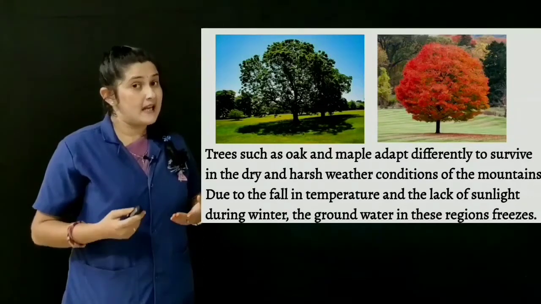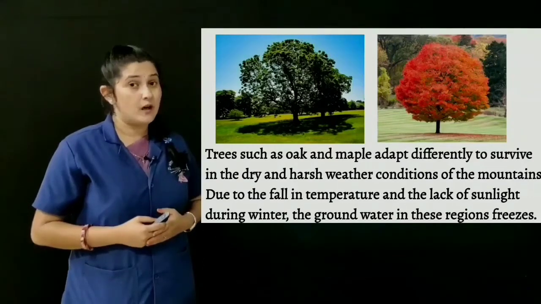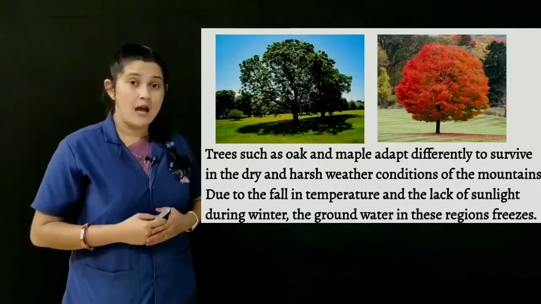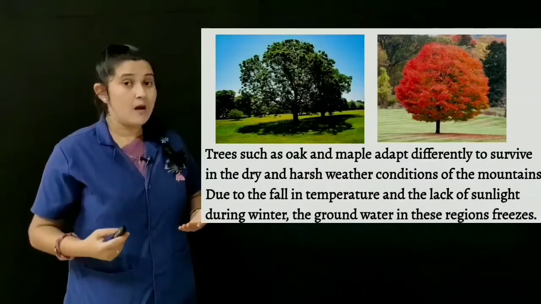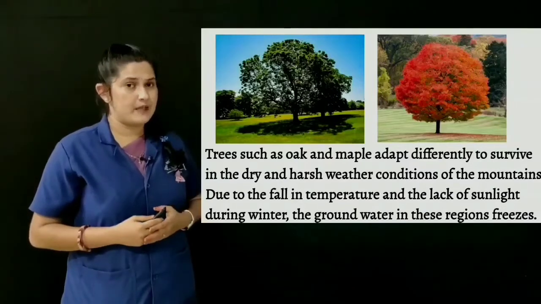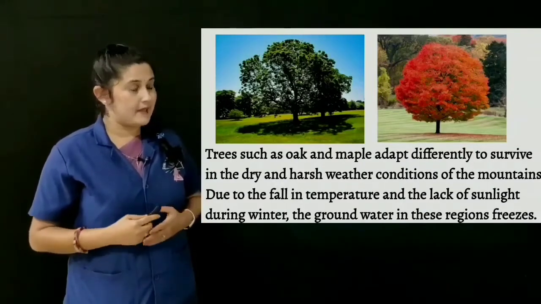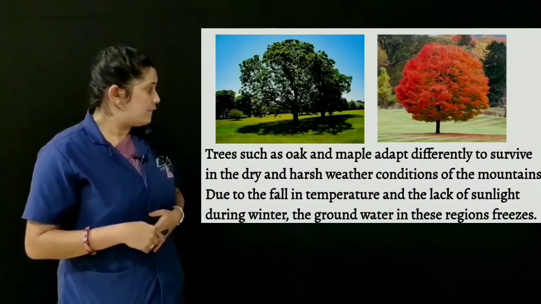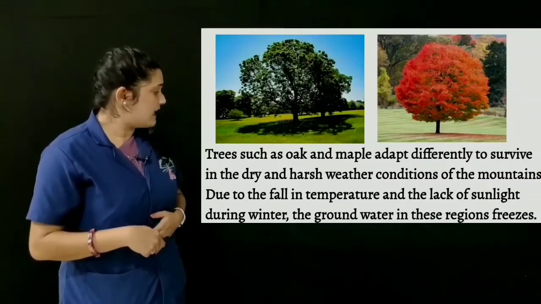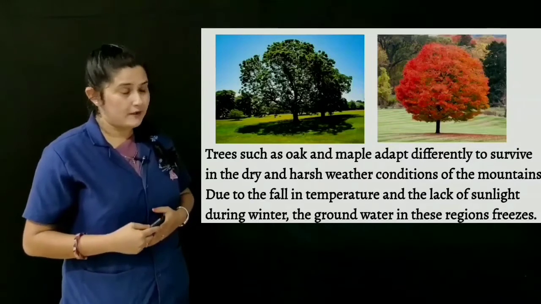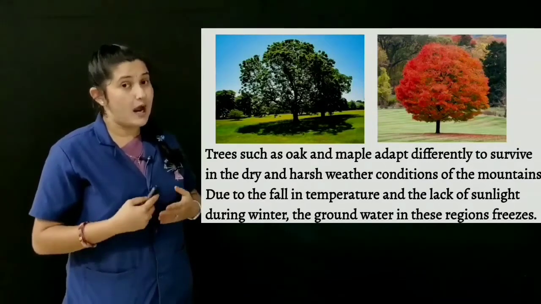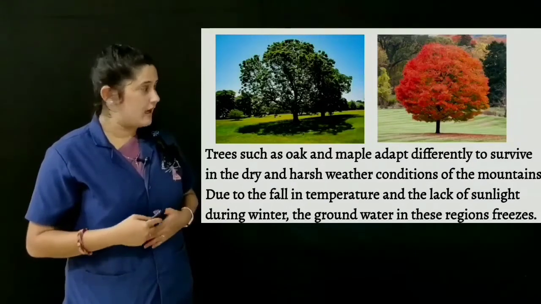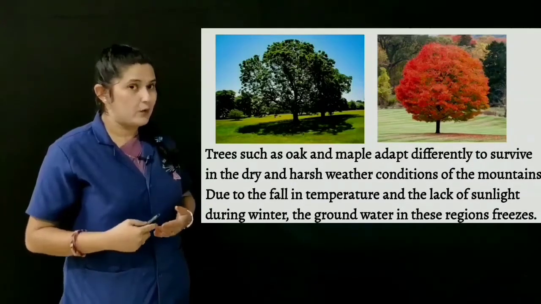You can see in pictures the water, or you might have heard about the water in winter season in the mountainous region. It is frozen. Hence, due to the fall of temperature and lack of sunlight during winter, it is difficult for these trees to adapt to this temperature. Hence, what do they do?